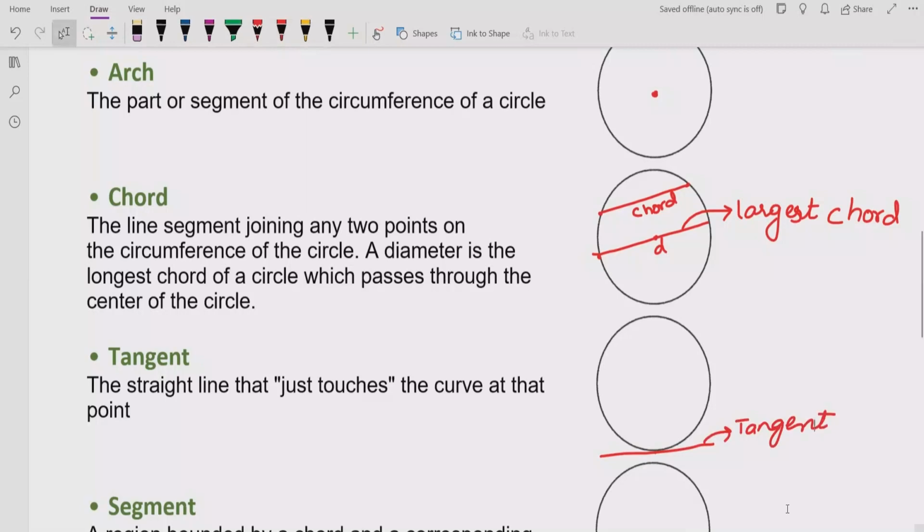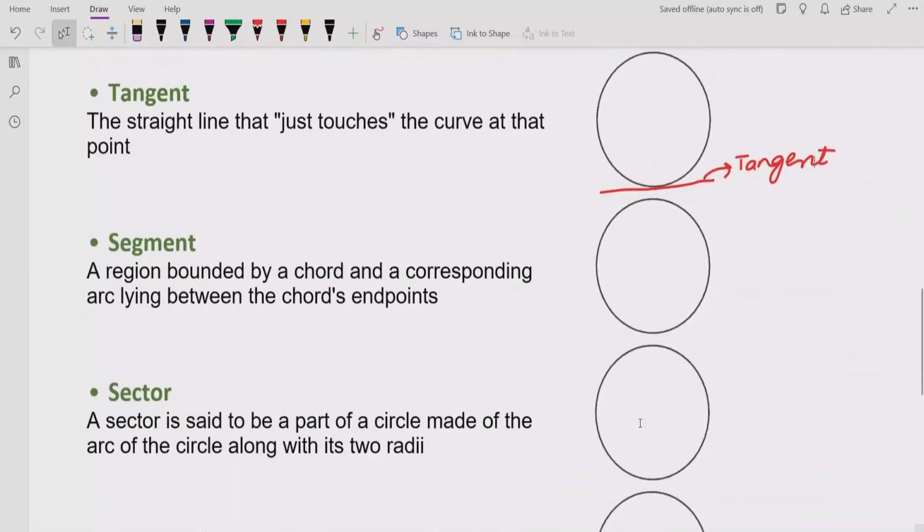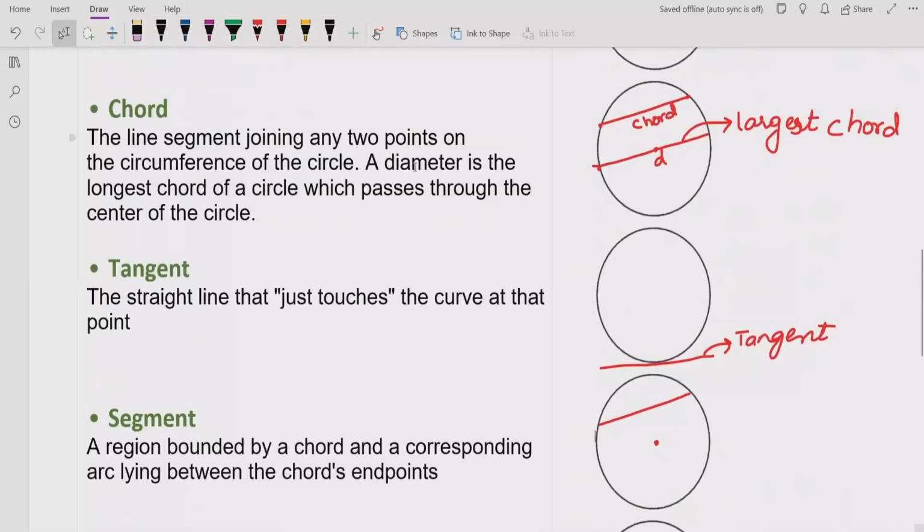Now let's talk about the segment. A segment is a region bounded by a chord. First we recall what a chord is. This is the center, and a chord is a line segment which touches any two points on the circumference.